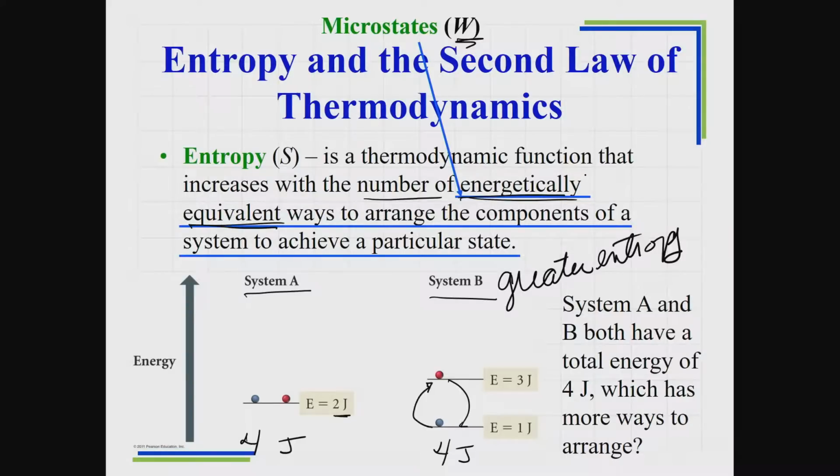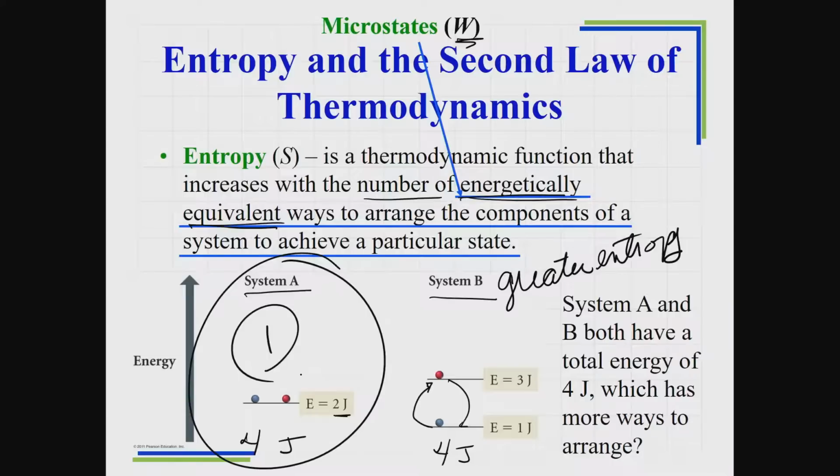So however many of those you have would be your microstates. So in this system, there is only one microstate. In this system, we could have the objects like I see them in the picture or flip them, and so this would have 2 microstates. Instead of saying it has more energy equivalent ways, we can just say it has more microstates.